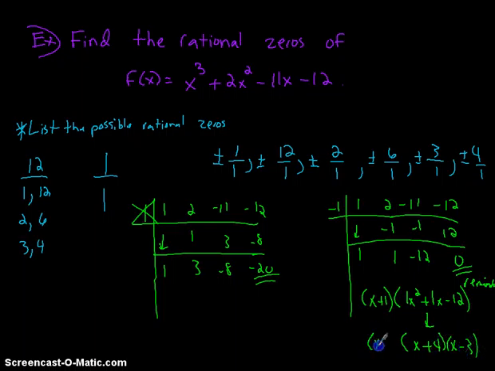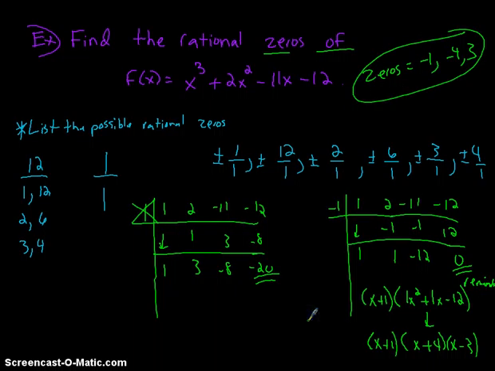And my other factor is x plus 1. Since my goal was to find all the rational zeros, I can look at this and tell my zeros. You can see one zero is negative 1, one zero is negative 4, one zero is positive 3. So my zeros are negative 1, negative 4, positive 3.